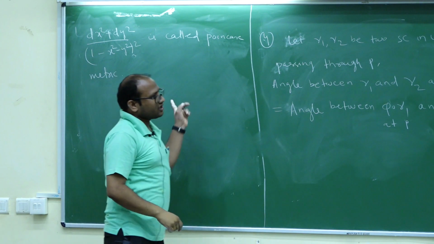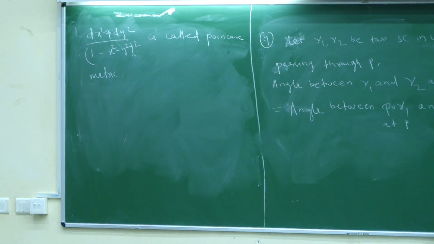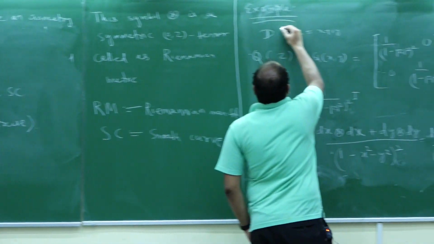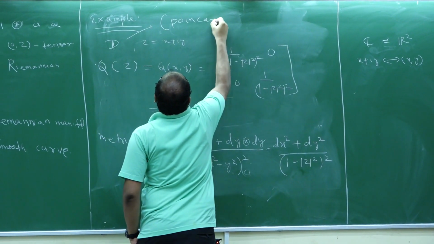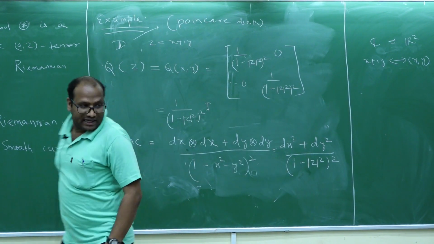With this Riemannian structure on the disc D, D is called the Poincaré disc. Now the second example.